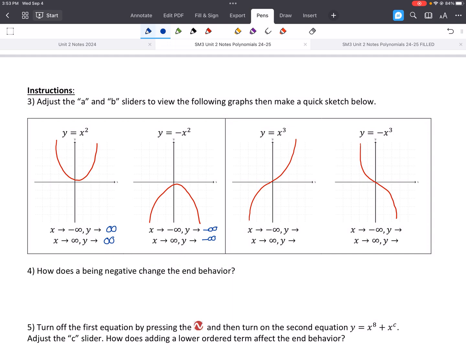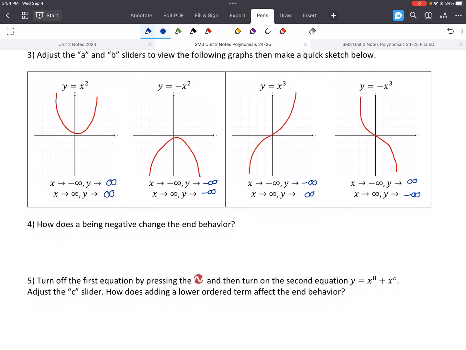If it's an odd degree, again, normally it goes from down and then up. It's going to swap it, and it's going to go from up to down. So infinity and then negative infinity. I hope that's kind of making sense. If you have questions, please let me know.